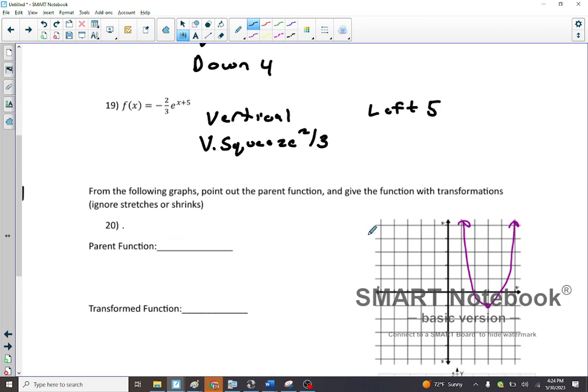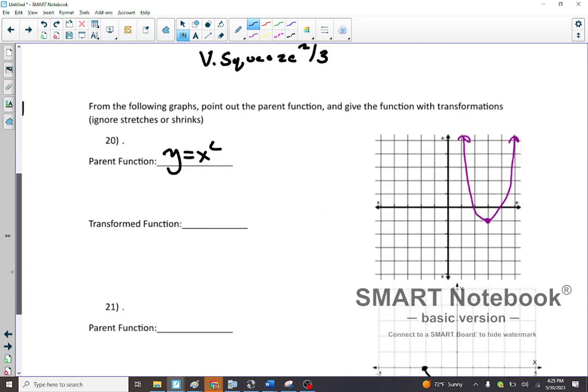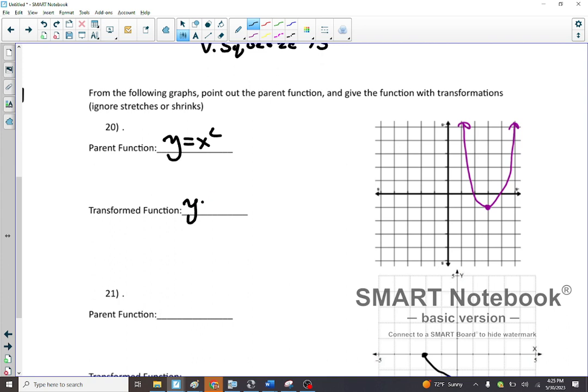For this one, you're going to make the parent functions based off this. This doesn't list all the possible parent functions; look at the old video for that. So this is y equals x squared. The transformed function went right 3, down 1. So y equals (x - 3) squared, then down 1, so -1.